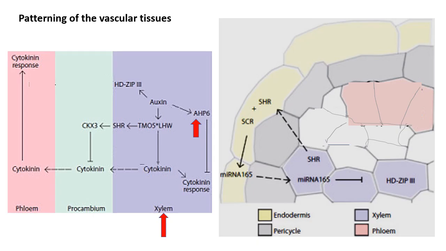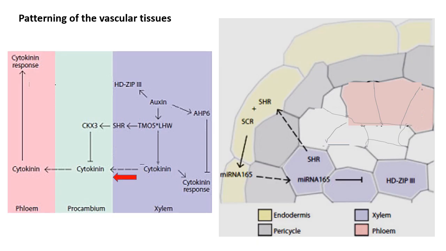Auxin also induces the transcription factor Target of Monopteros 5, that is TMO5, which forms a heterodimer with another protein, Lonesome Highway, that is LHW, to activate the expression of the cytokinin biosynthesis gene Lonely Guy 3, or LOG3, where the cytokinin moves to the procambium cells and the phloem.